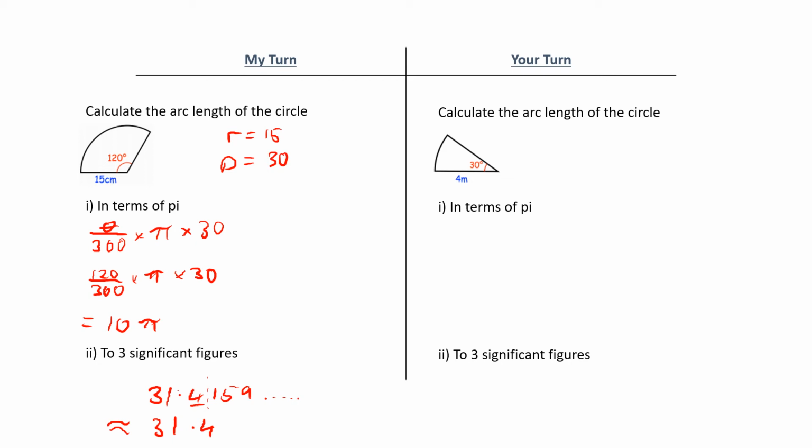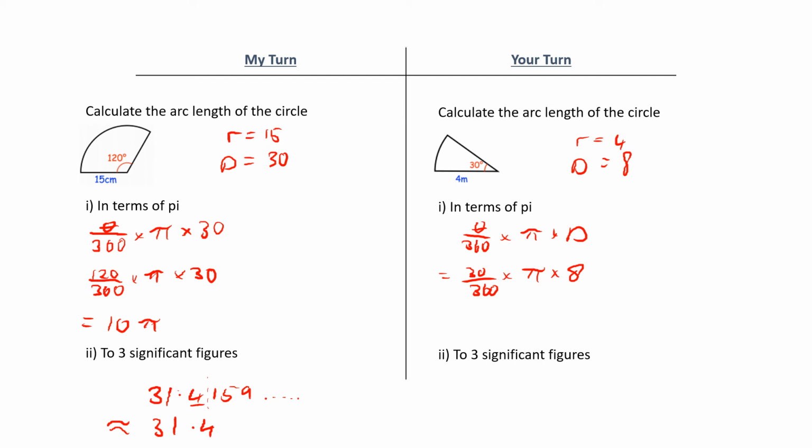We've got a radius of 4 and a diameter of 8, double it. Start with your formula, theta divided by 360 times pi times diameter. Theta in this case is 30 over 360 times pi times 8. Into your calculator, 30 over 360 times 8 times pi.